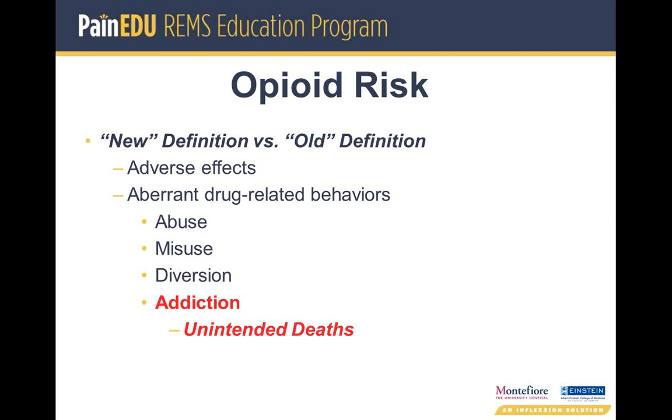And in the pain management community today, I think it's fair to say, and we are at most of the meetings every year, that if you mention the words opioid risk at those meetings or to people in those communities, or to the FDA even, good point, the likelihood is they're not thinking about adverse effects. They're there in the back of their minds, but what they're really thinking about is aberrant drug-related behaviors, namely abuse, misuse, diversion, addiction, and most importantly, unintended deaths.